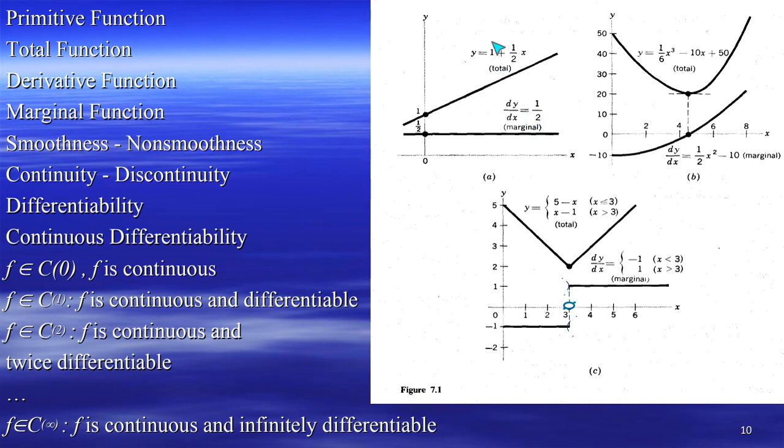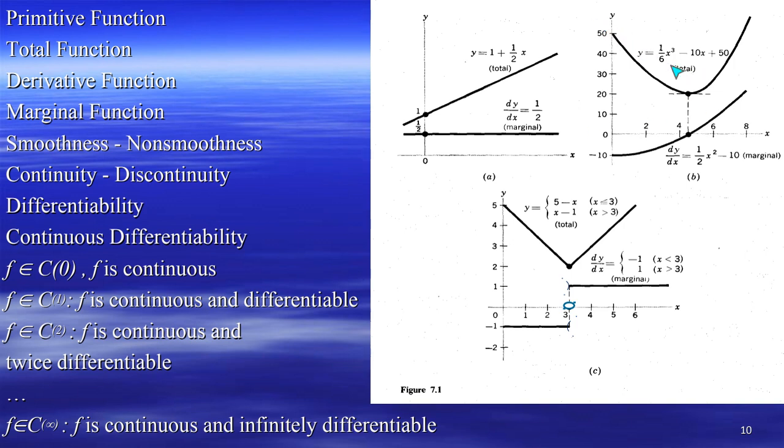You see, this is y equals 1 plus 1/2 of x, which is this line with a slope of 1/2, and when x is 0, it passes by 1. This is the total function or the primitive function. But dy over dx equals 1/2, which is a constant function passing by 1/2 here, which intercepts the y-axis by 1/2. This is its marginal or derivative function.